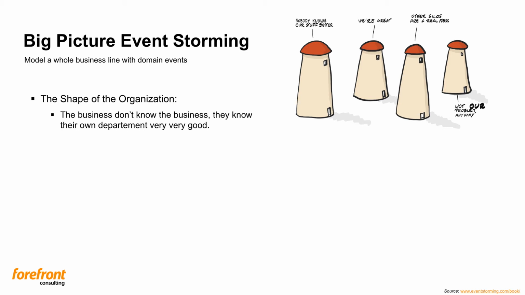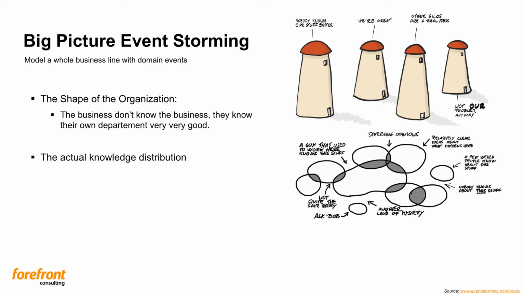There's a common saying that if you're an IT person or developer, you don't understand the business, and it might be true in some senses, but it's also true that a lot of parts of the business really don't understand the other parts of the business. They understand their own part very, very well, and this is usually quite revealing when you do this event storming workshop, that you find the gaps in knowledge distribution.